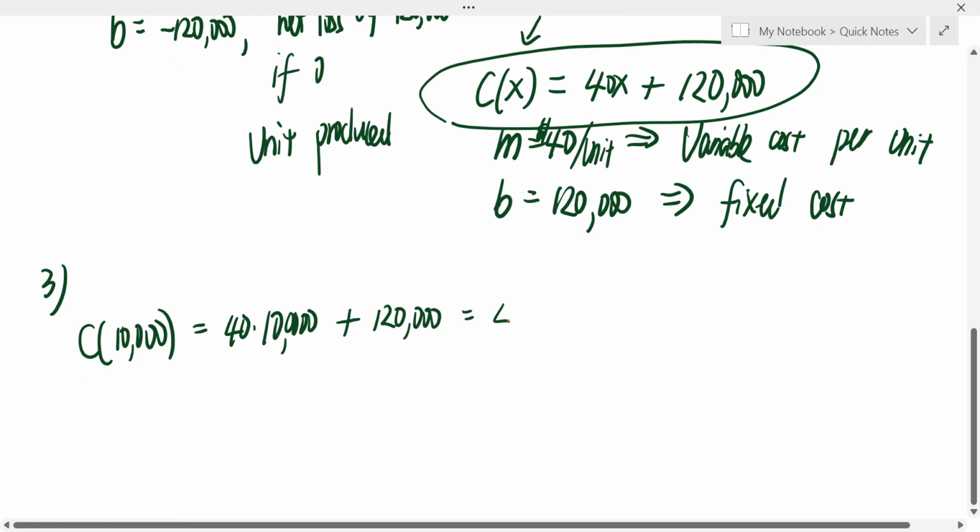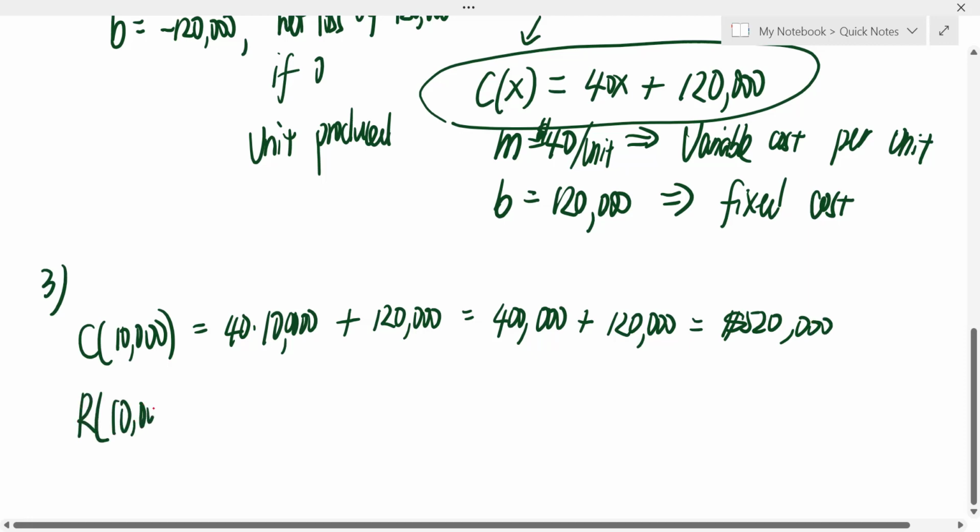So this is 400,000 plus 120,000, a cost of $520,000. Revenue of producing units: 50 times 10,000 is 500,000.